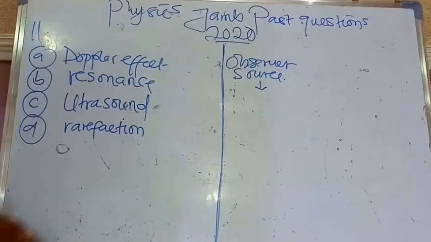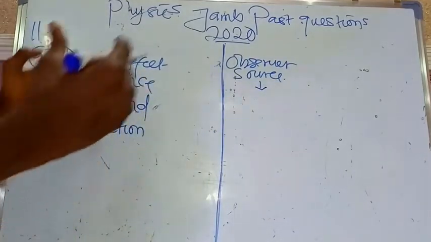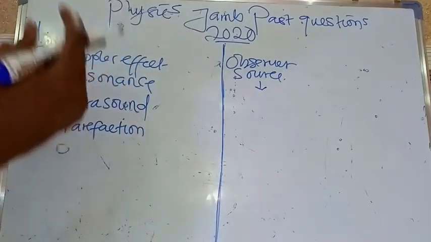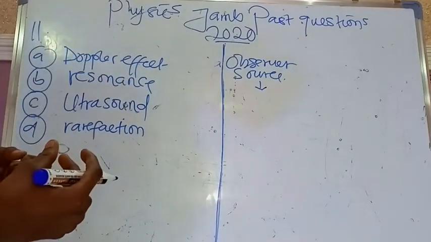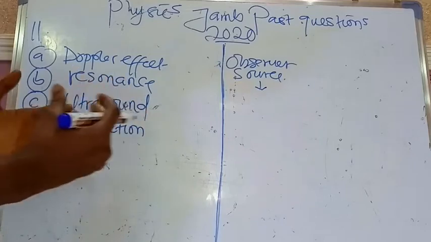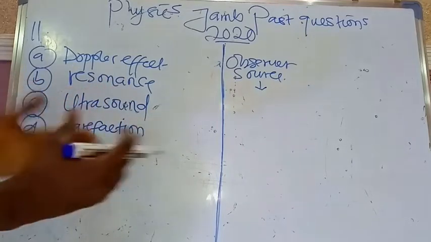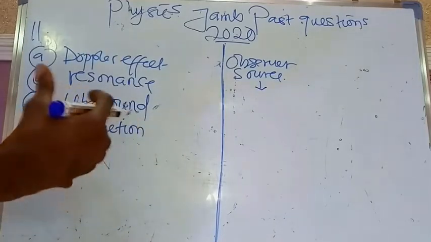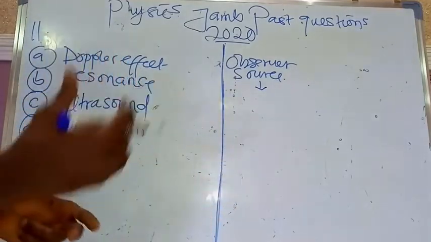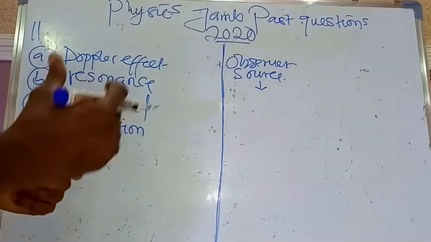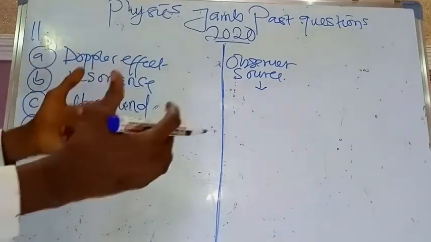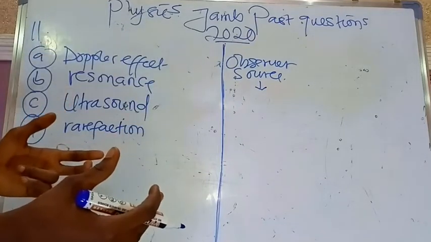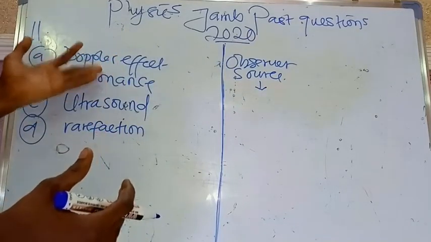A source here is a sound device that the sound is coming from, while the observer is the person hearing the sound. So when the source is moving and the observer is stationary, or when the source is stationary and the observer is moving towards it, there is a change in the frequency of the sound. So this is talking about the Doppler effect.